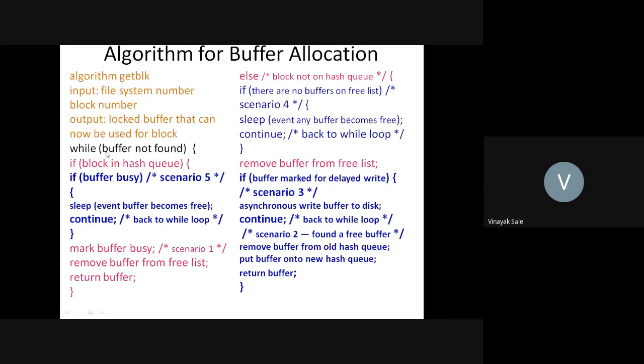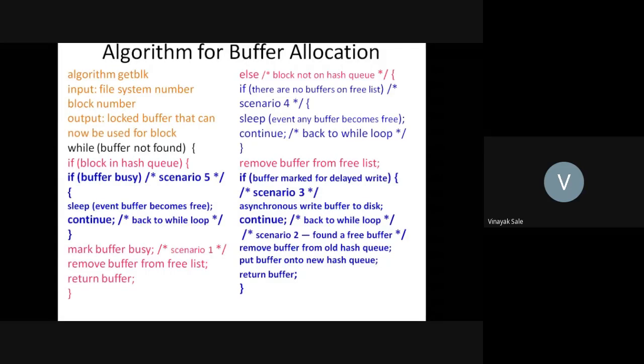Again rotate this while loop, and after the else part, for scenario 2, remove the buffer from the old hash queue, put the buffer onto the new hash queue and return the buffer. This algorithm is the getblk algorithm, that is, a buffer allocation algorithm which combines all 5 scenarios.